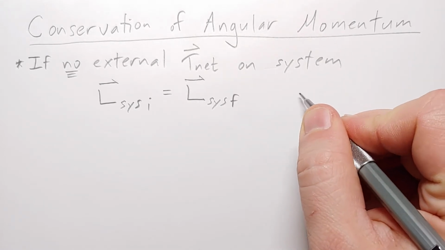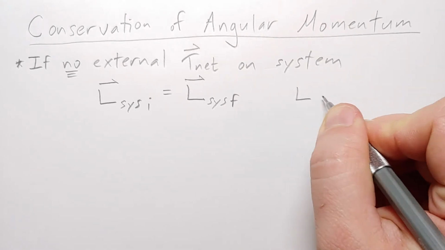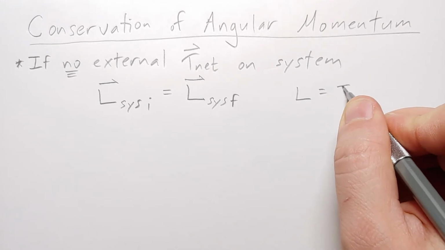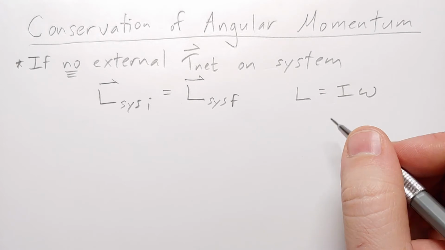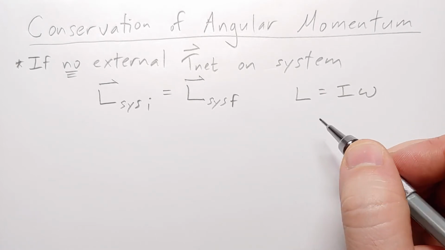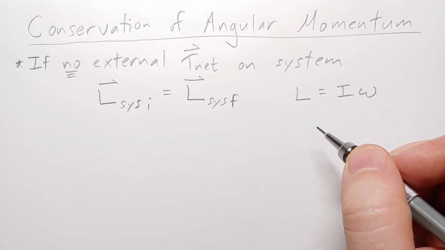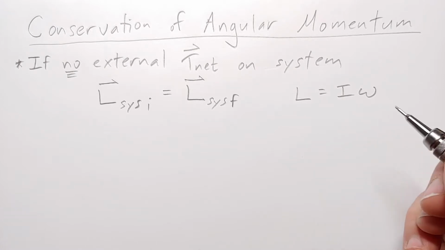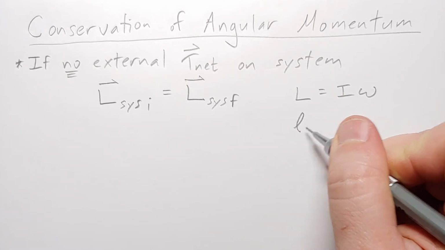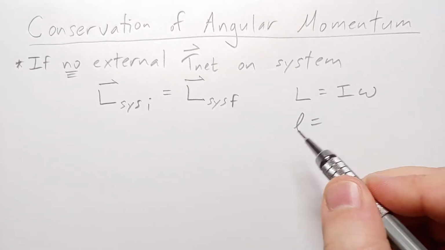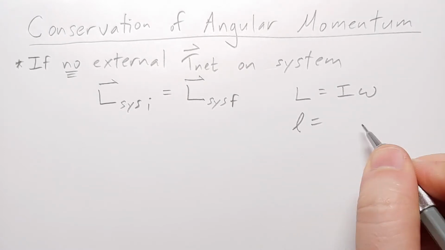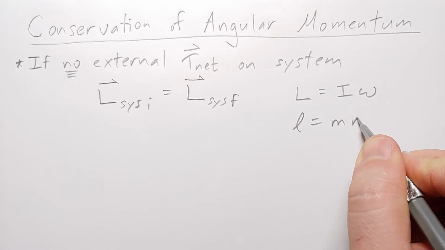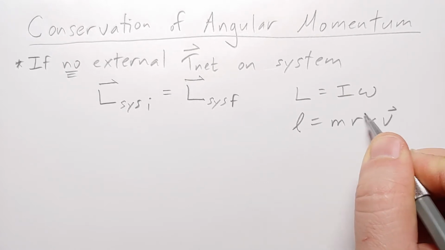The two main ways are angular momentum is going to be the moment of inertia times the angular velocity, or if you are dealing with an individual point mass where you are given its linear velocity, we can also do m r cross v.